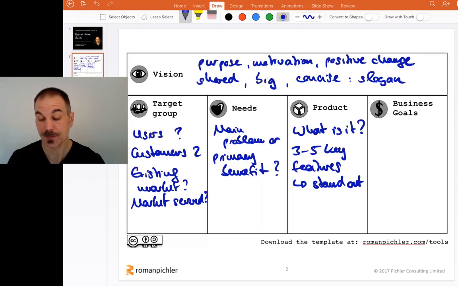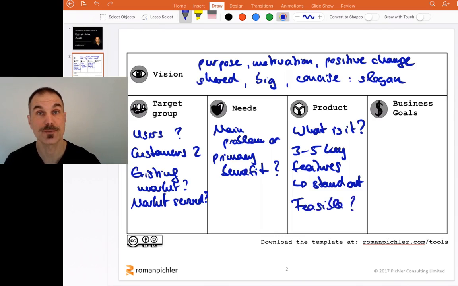And the third aspect that I'd like to encourage you to investigate here as part of the product discussion is really to ask yourself if it is feasible to develop and provide the product. So do you have the technologies and do you have the skills to do so?